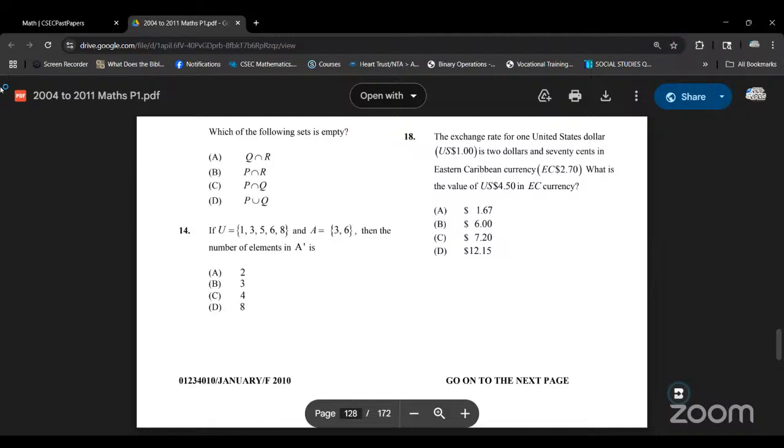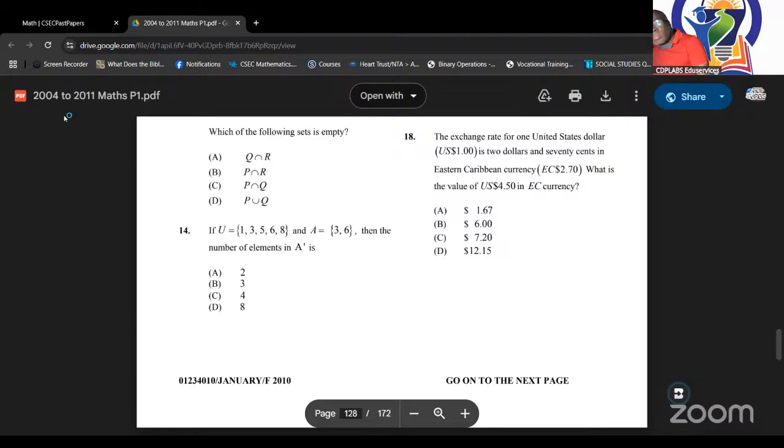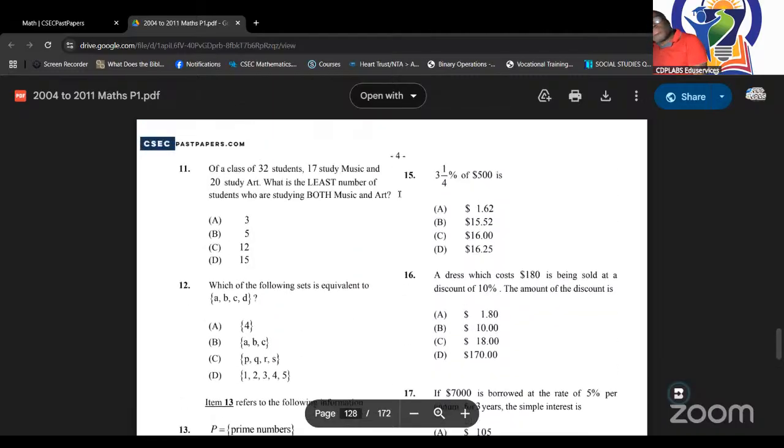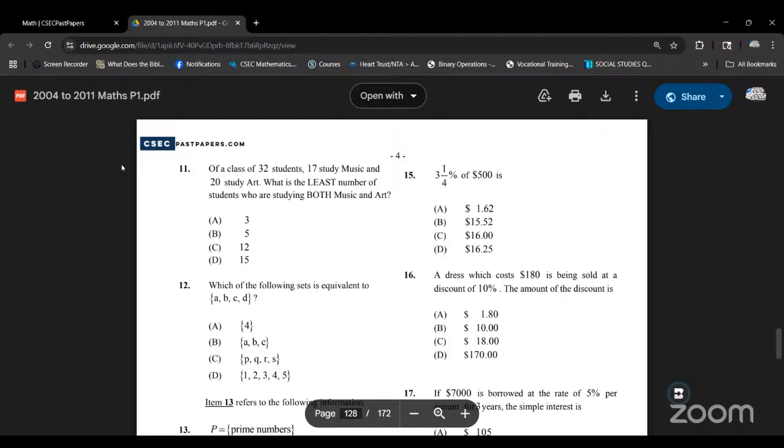So we're going to go straight to 15, all right? All right, go ahead. 3 and 1/4% of 500 is, 3.25% of 500 is what?